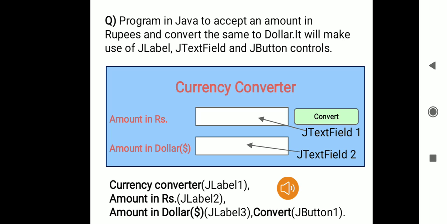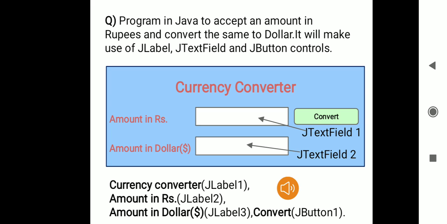The interface has three labels which are currency converter, amount in RS and amount in dollar. Let us name currency converter as JLabel1, amount in RS as JLabel2 and amount in dollar as JLabel3 using the property window in NetBeans.